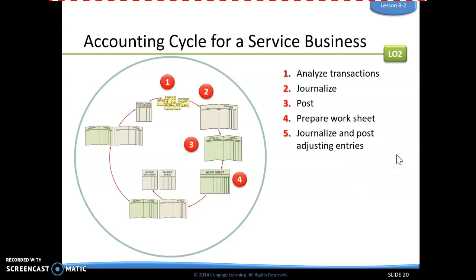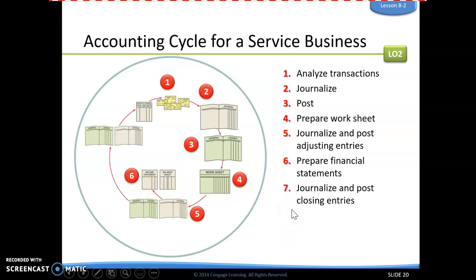Number 5 is to journalize and post adjusting entries, and remember that's your supplies and your prepaid insurance when you have those adjustments at the end of the month to account for what has been used. Number 6 is to prepare financial statements, and so it kind of branches off a little bit here. We prepare these 2 financial statements of that income statement and balance sheet.